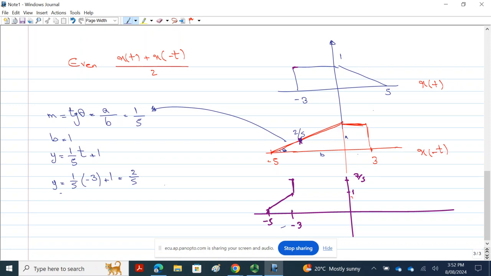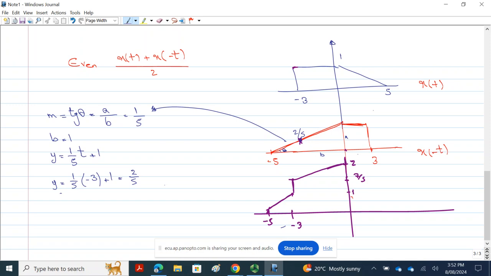Okay. Now, let's consider point 0. At time 0, if I add those two, what will be the answer? 2, exactly. So my next point will be 2. So it is increasing with that slope, so that will be the answer.